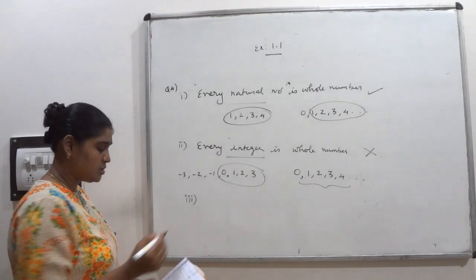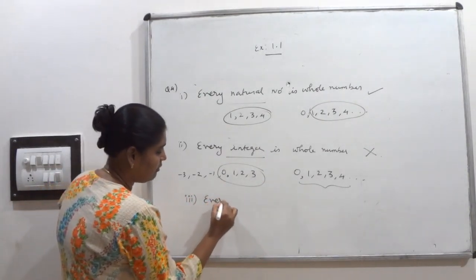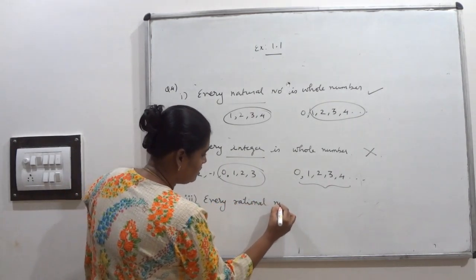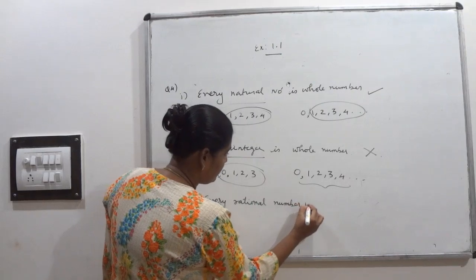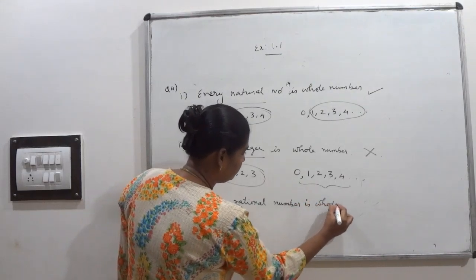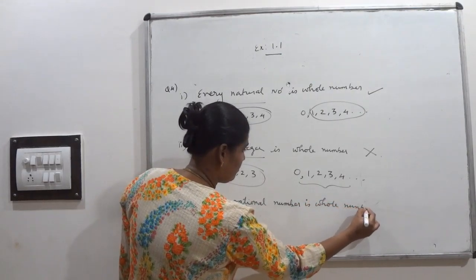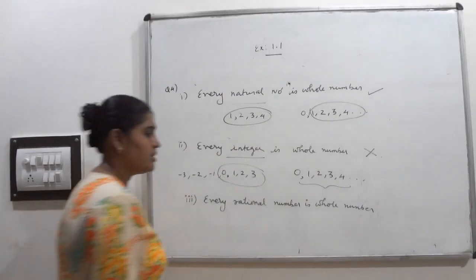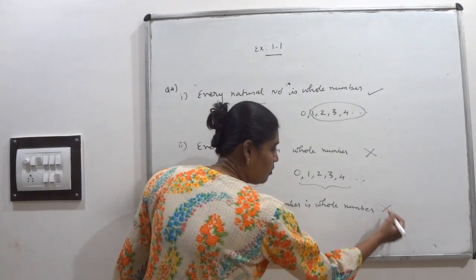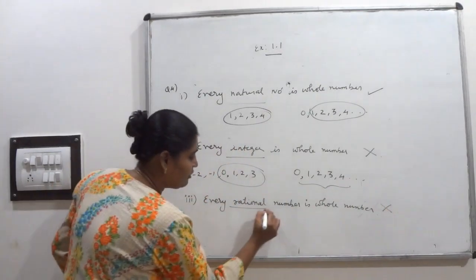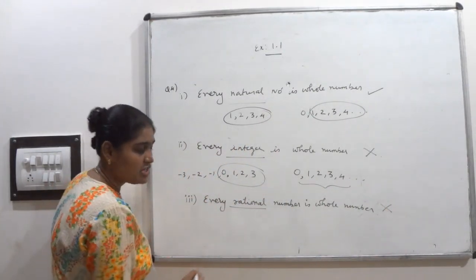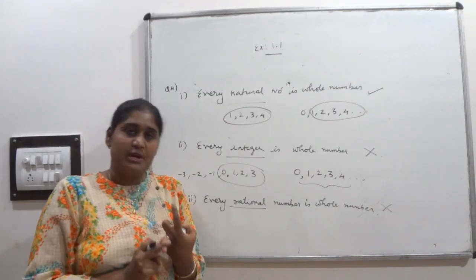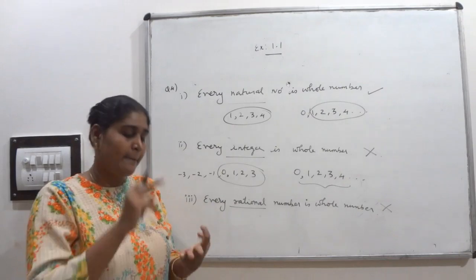Every rational number is a whole number. This statement is totally wrong. Why is it wrong? You know the definition of rational numbers. A number which can be written in the form of p by q. Terminating decimal expansion numbers are called rational numbers.